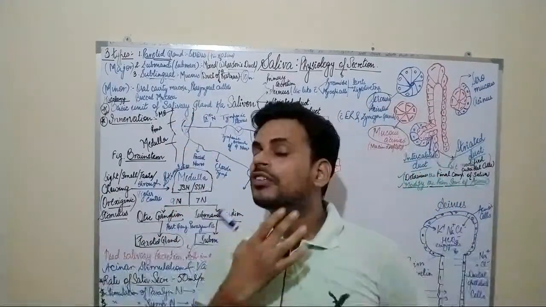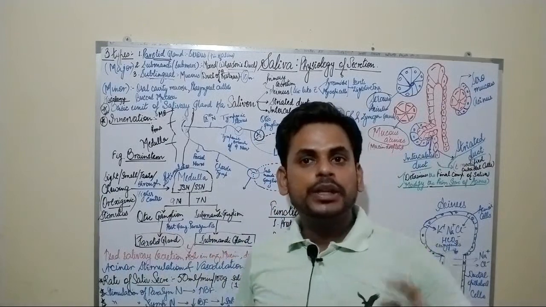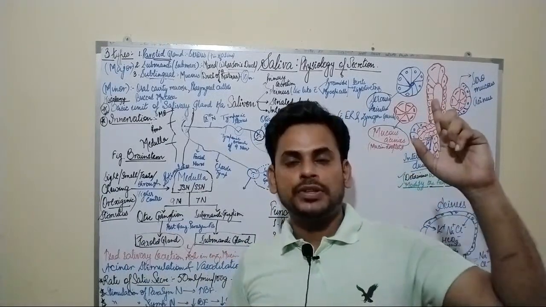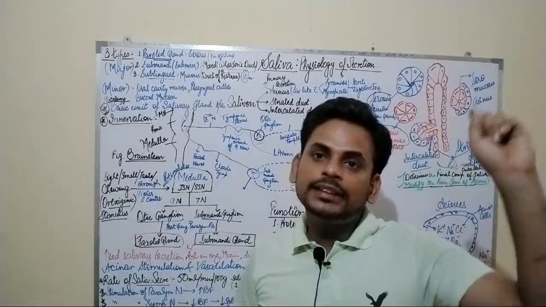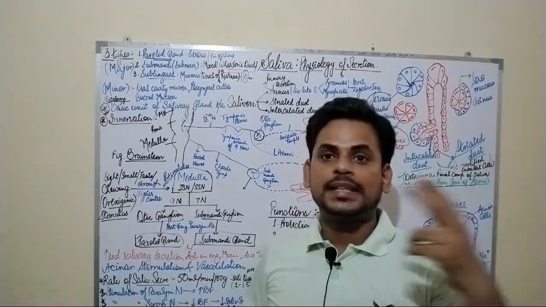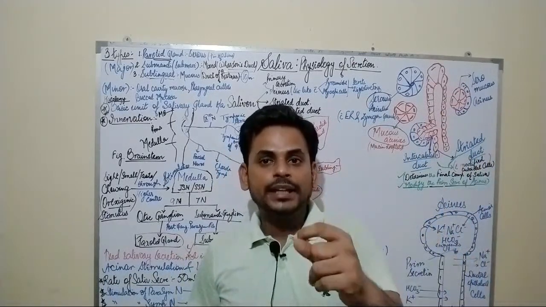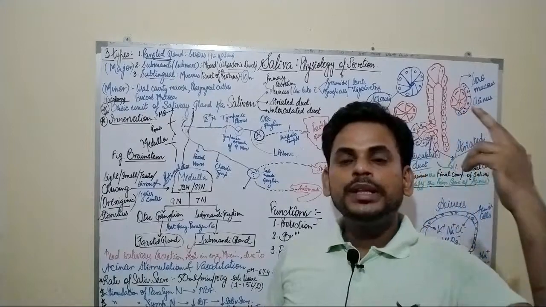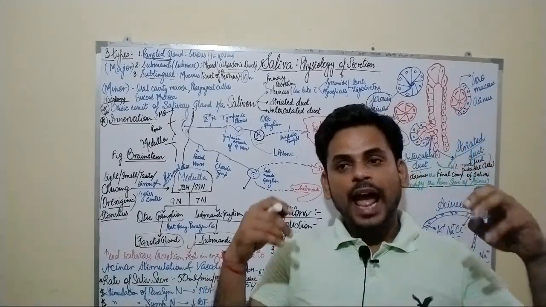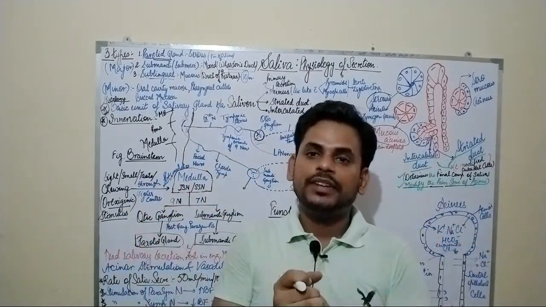Taste sensations from the posterior one third of the tongue take the impulses through the glossopharyngeal nerve to the higher centers in the inferior salivatory nucleus, whereas the taste sensations from the anterior two thirds of the tongue are carried through the facial nerve to the superior salivatory nucleus, and in a way they cause salivary secretion.